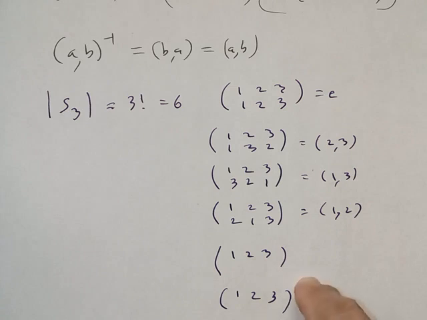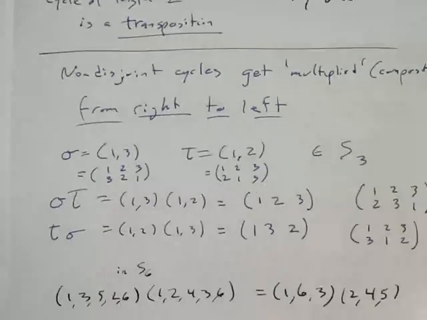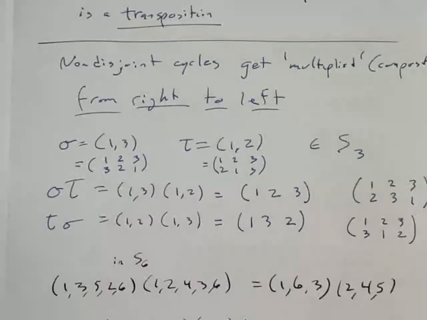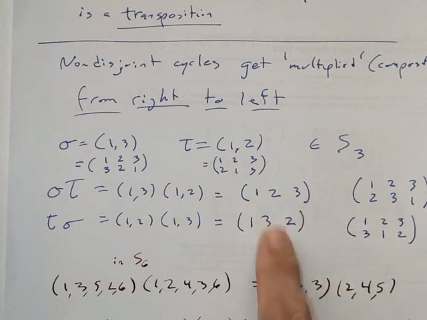What are these 2? 312, 231. That's the top one and the bottom one right here. That's these two. 312 or 231.